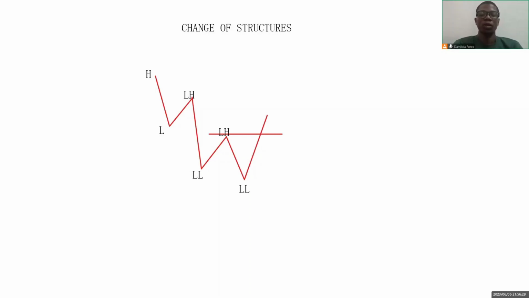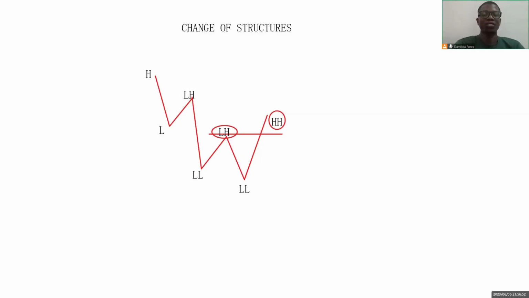This is a lower low. So instead of prices going and making another lower high and continuing its bearish structure, price decided to do what? Make a higher high. Okay, that is a high that is higher than the previous high, which indicates a change of structure.